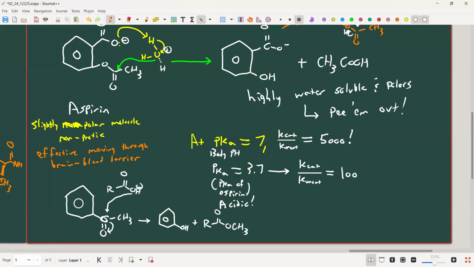It's exactly the same as above, but I'm using a different carboxylic acid instead, and ask the same question. Right, what is K at pKa equals 7?